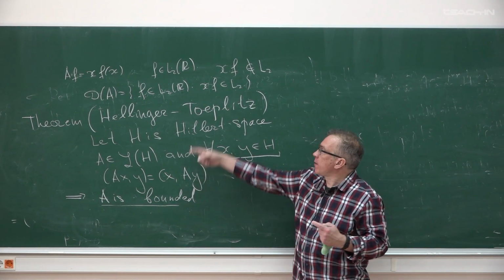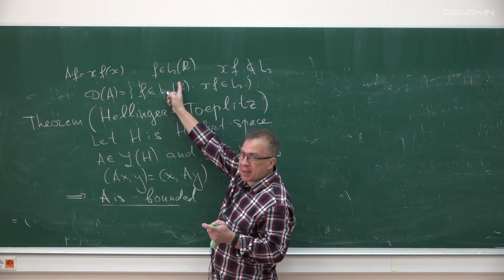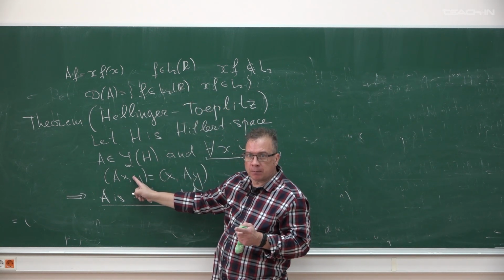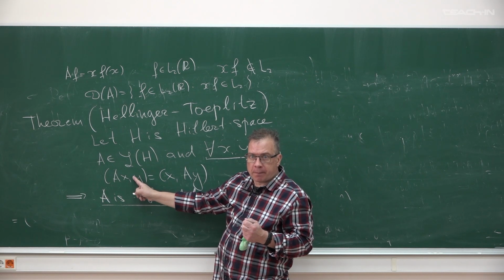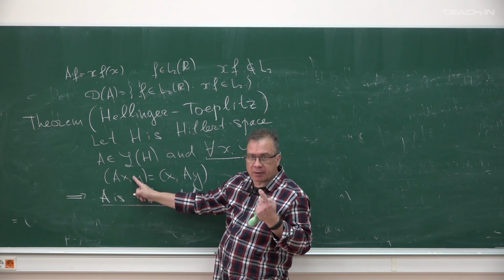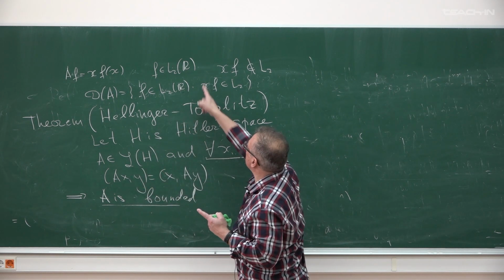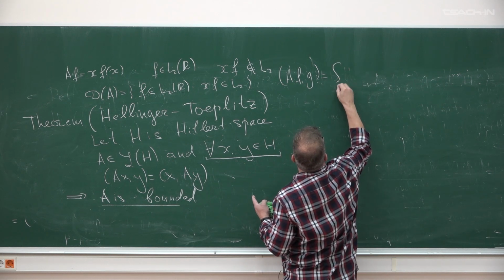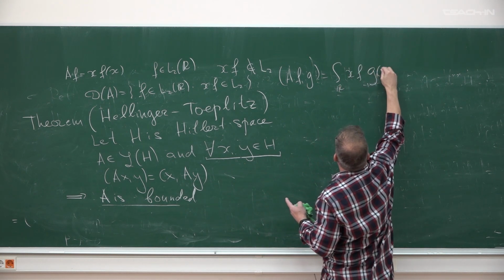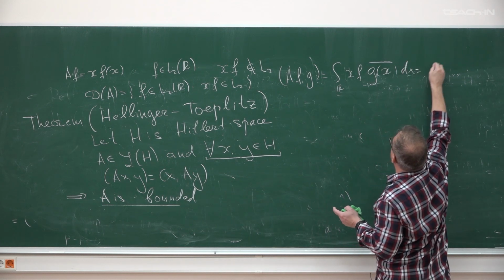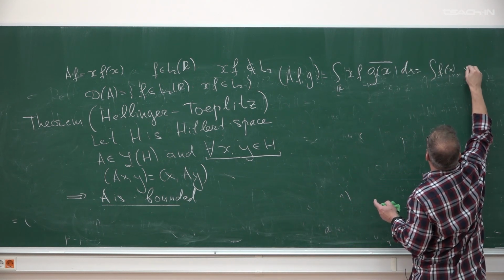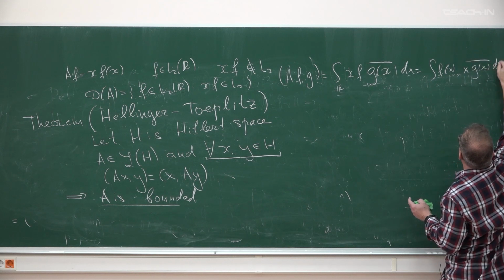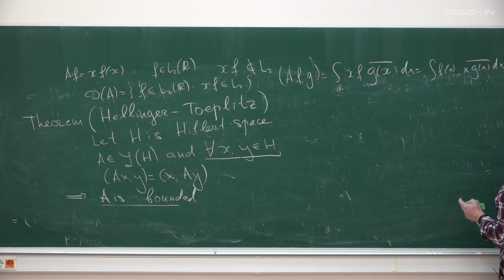So conversely, if you have, for example, this operator, it has this property. Yes, it is clear, because x is a real function. For this operator you can easily check (f, g) equals the integral of x f(x) conjugate g(x) dx. You can rewrite it as the integral of f(x) x g(x) dx equals (f, Ag). So you see that this operator has this property.